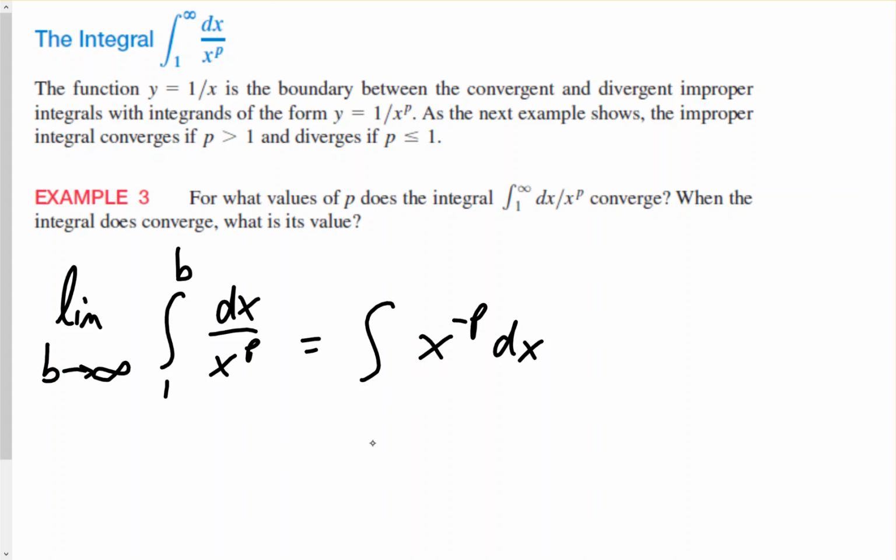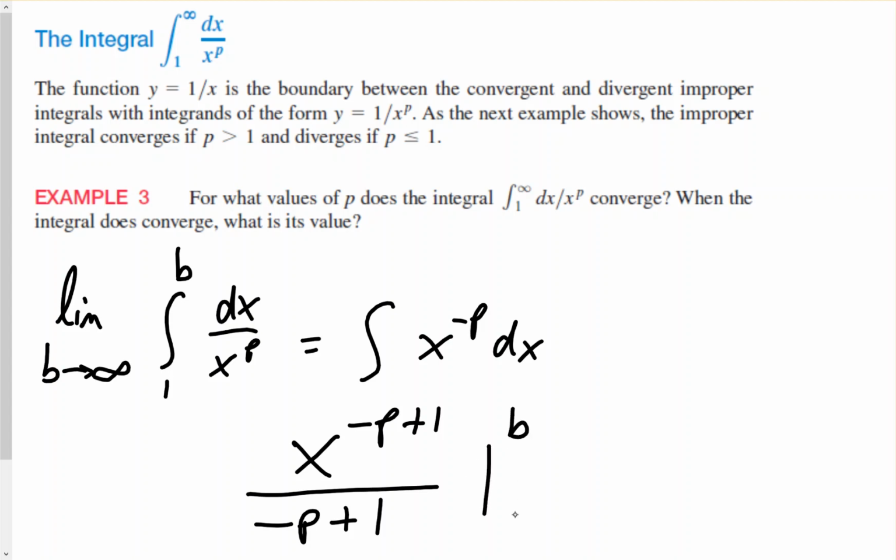So when we integrate here, this will be x to the negative p plus 1 over negative p plus 1. And then we would go b to 1, and we would still do the limit as b approaches infinity.